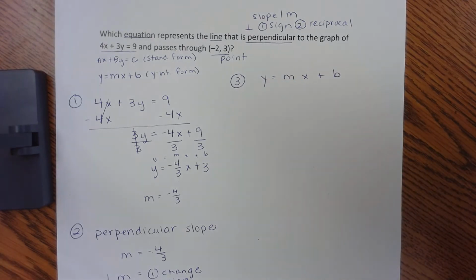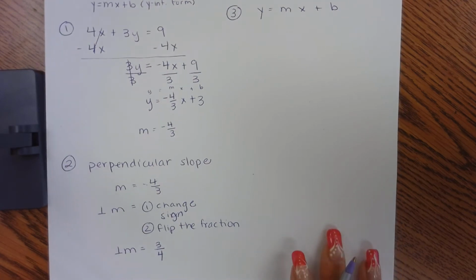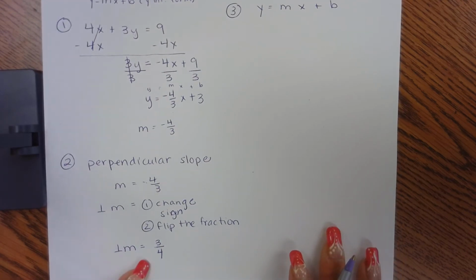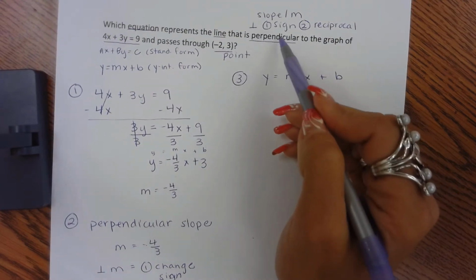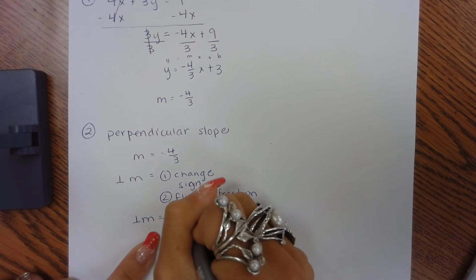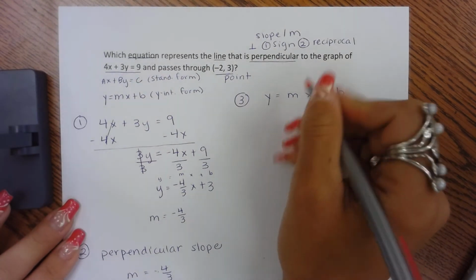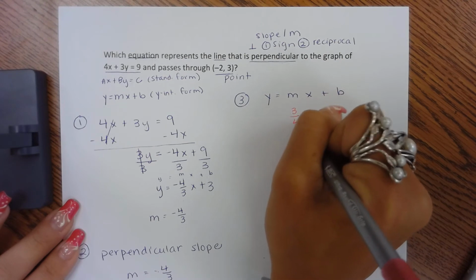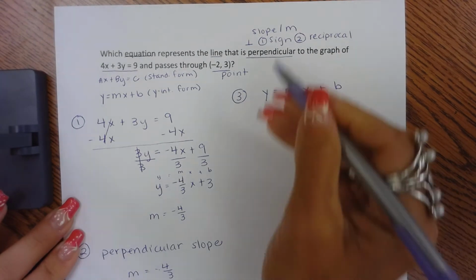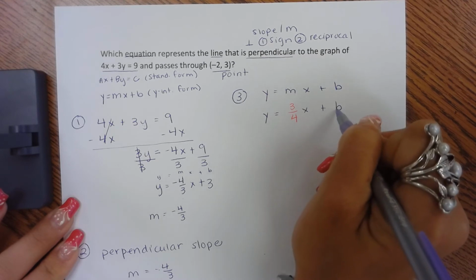We just found the perpendicular slope, which is needed for this question. So if our perpendicular slope is 3/4, we're going to plug it in. 3/4 is our slope for the new line that we are creating.